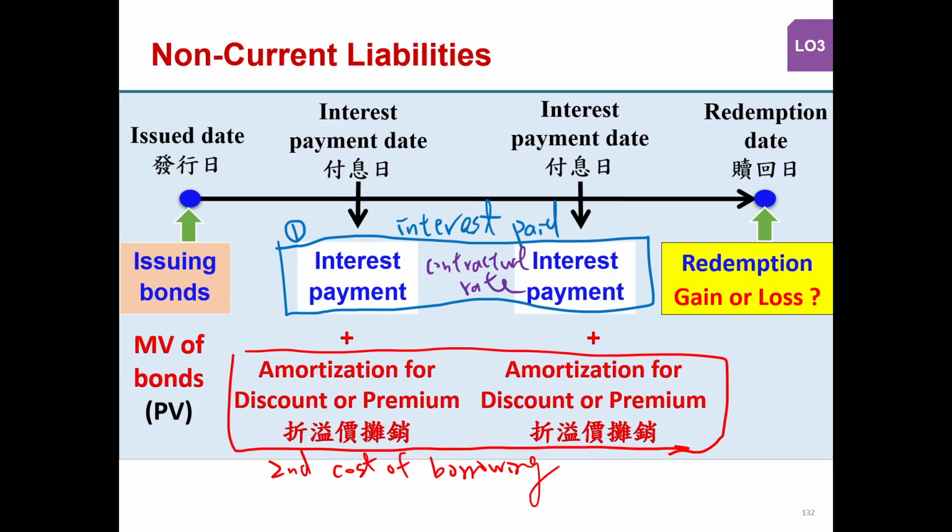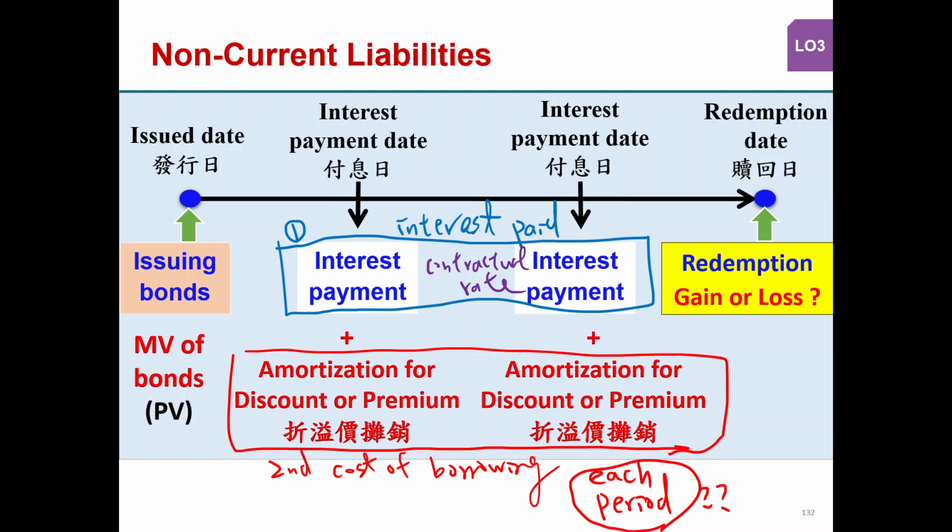But remember, since we paid our first interest, how often? Each period. So we pay our first interest each period. At the same time, we want to know our second cost of borrowing each period. Okay, so our point is for our second cost of borrowing, we want to know each period. How much it is?